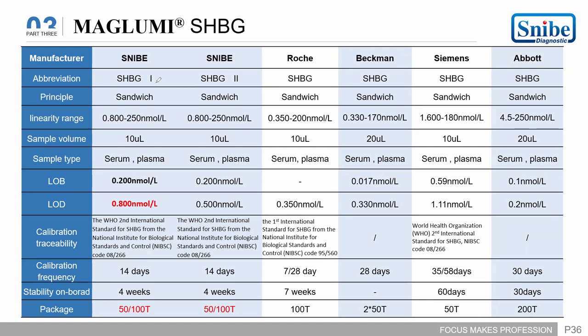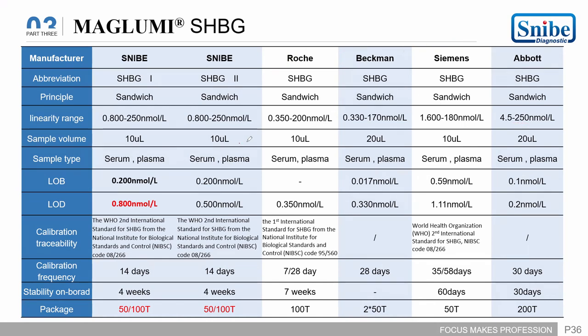As of today, we have two generations, the first and the second, and definitely the second generation is the improved version of our SHBG. We have the same sandwich technique, while the others also have sandwich principles. Our linearity range is much, much better than Roche, Beckman, and Siemens, and very competitive with Abbott.